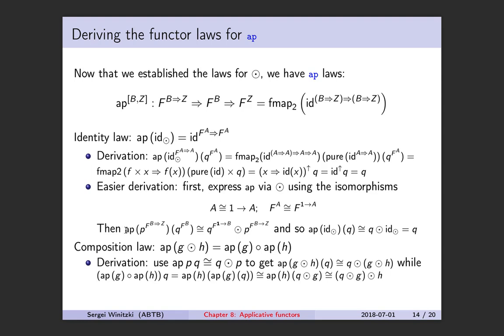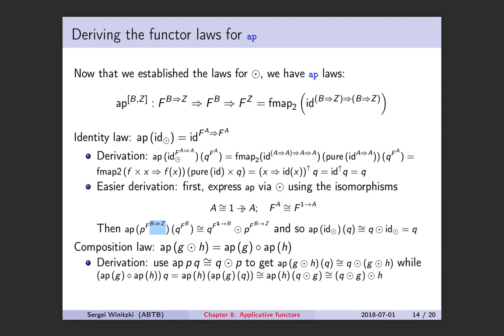And then this app becomes basically, after this equivalence, a categorical composition of Q and P. So Q has this type. You cannot do categorical composition unless both have function types.